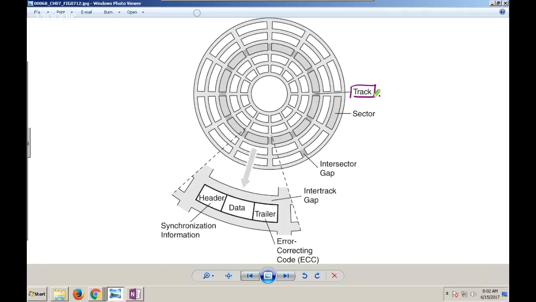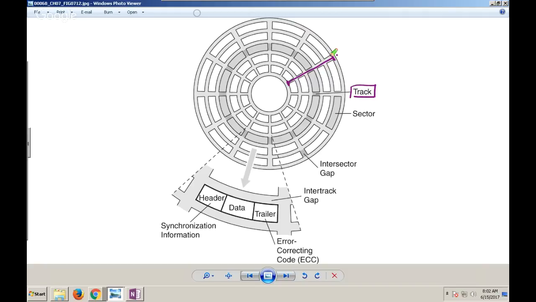But as this platter spins in circles, we have to wait for that read-write head to do two different pieces of movement, okay? First off is to select the track, i.e. the distance from the center of the platter, okay?